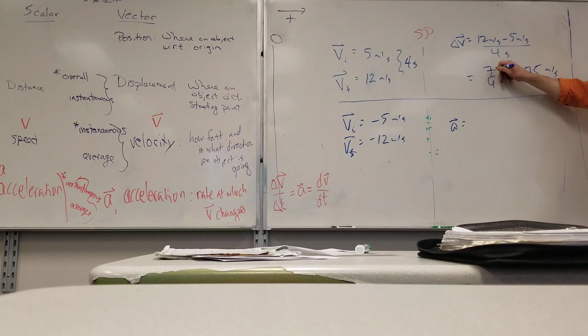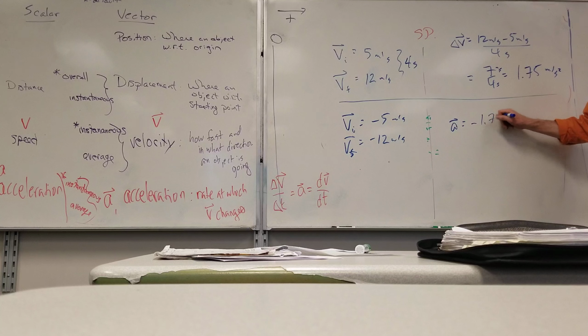This is 7 meters per second over 4 seconds. So that's a meter per second, or meter per second squared, yeah. Those who've had physics before, there was your opportunity to go, what were you thinking? Don't worry, there'll be other chances. So negative 1.75 meters per second squared.